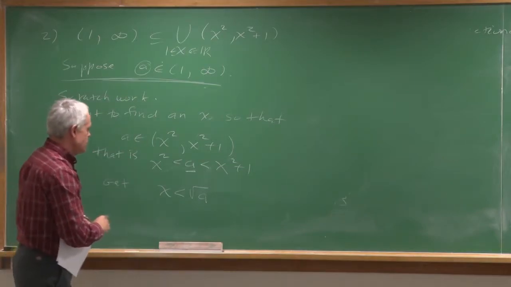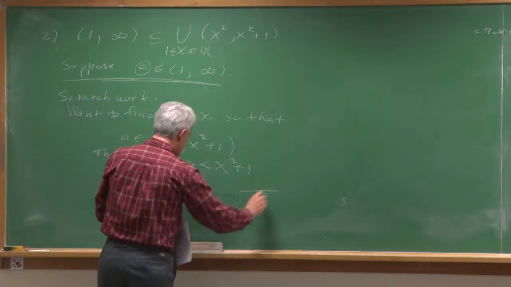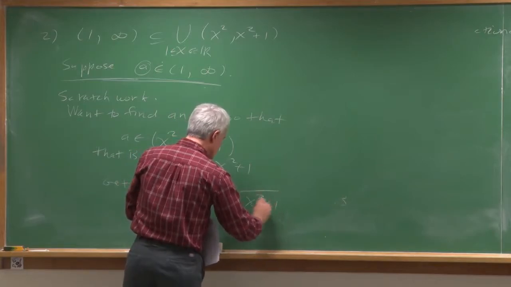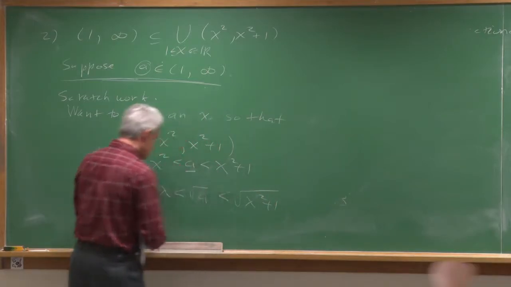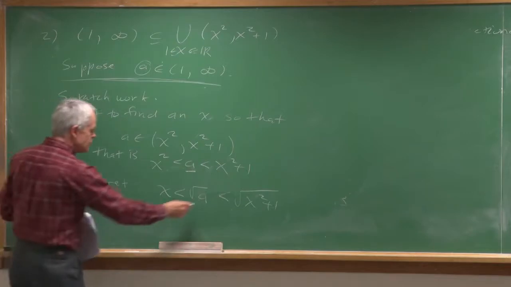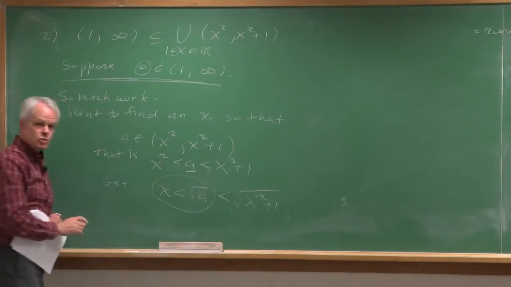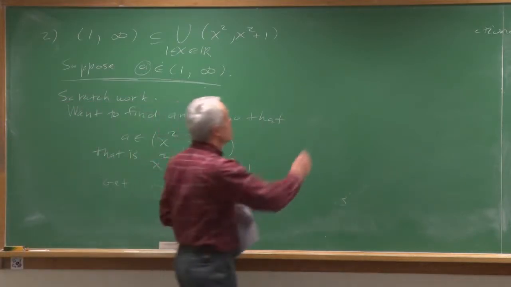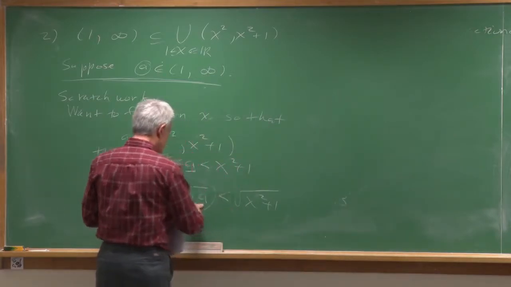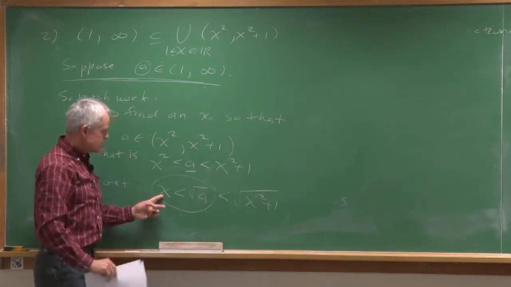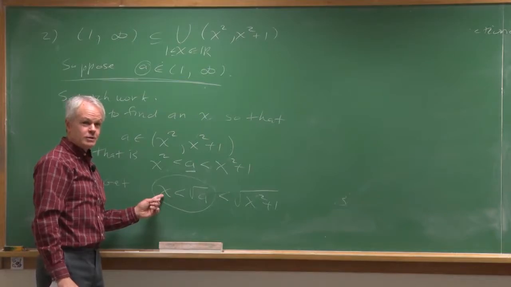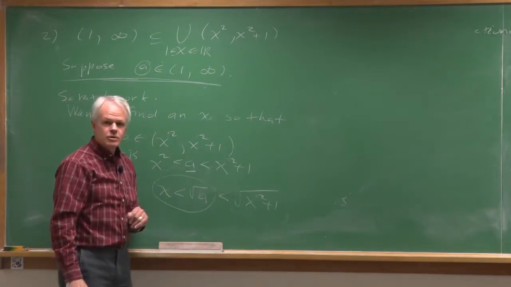We'll also get this other inequality, which is a little harder to figure out, but we at least know this much for sure. This says we don't want to take the x too much smaller than the square root of a in order to make that work.